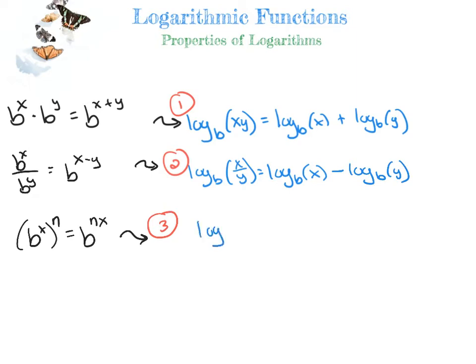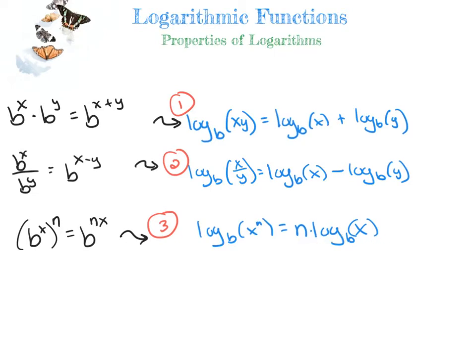If we have the log base b of x to an exponent n, this is equivalent to n times log base b of x. So remember, whatever was happening to the exponent back in the exponent rules is what's going to happen to the logarithm. Back in this exponent rule, we took the exponent and multiplied it by n. Here, we're going to take the n and multiply it to the logarithm.